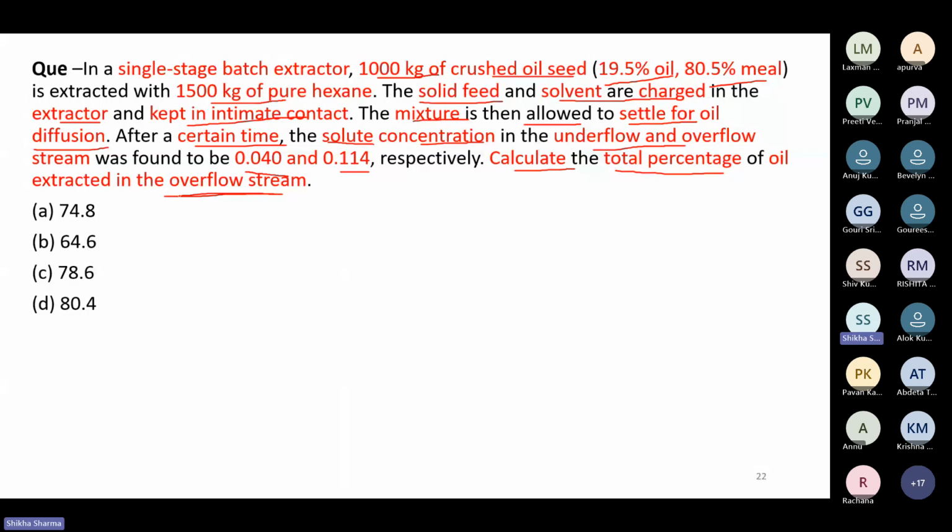So this is also a kind of mass material balance question. The underflow and overflow is basically what happens when we are extracting oil. After the extraction, there is this mixture of oil and solvent. So all is mixed, right? But if we keep the oil and solvent mixture for some time, then because of the gravitational force, two layers are formed.